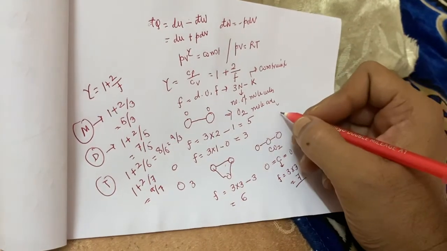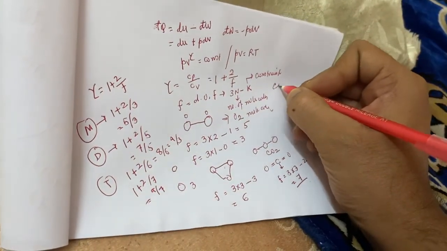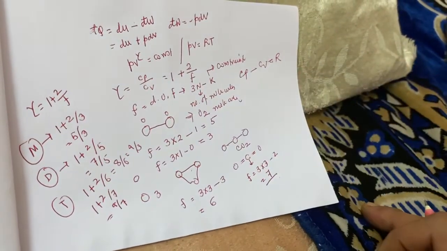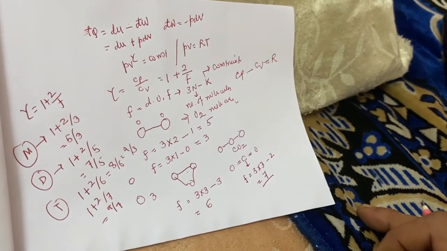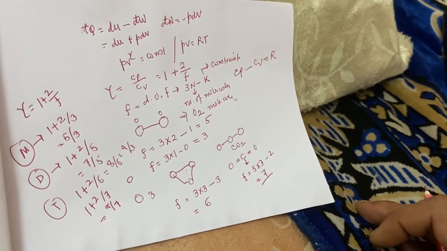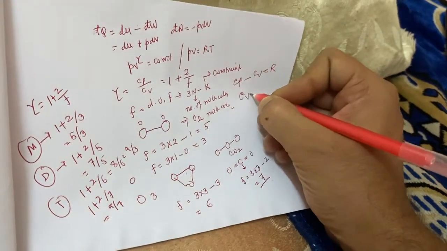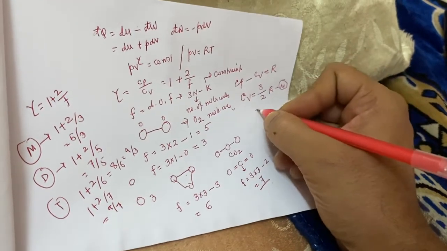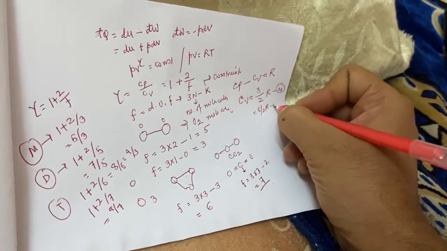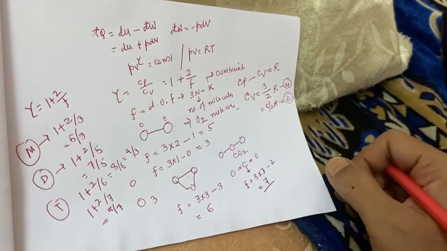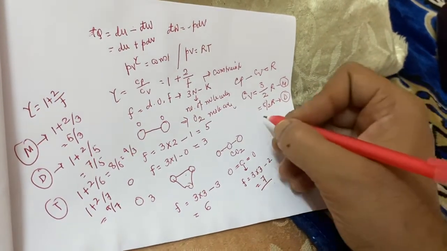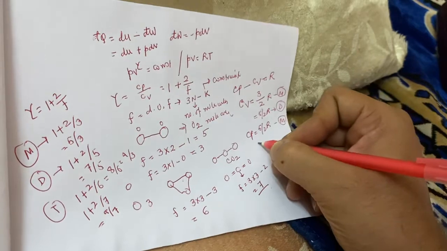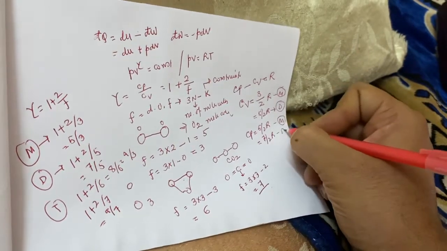And you know Cp minus Cv is equal to R, and from this we can determine Cv is equal to 3 by 2R for monoatomic molecules, 5 by 2R for diatomic molecules, and Cp is equal to 5 by 2R for monoatomic molecules and 7 by 2R for diatomic molecules.